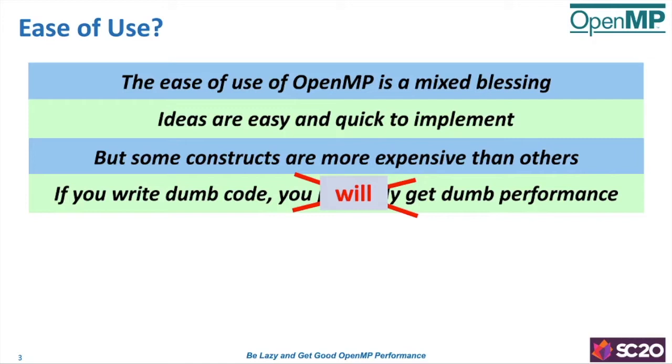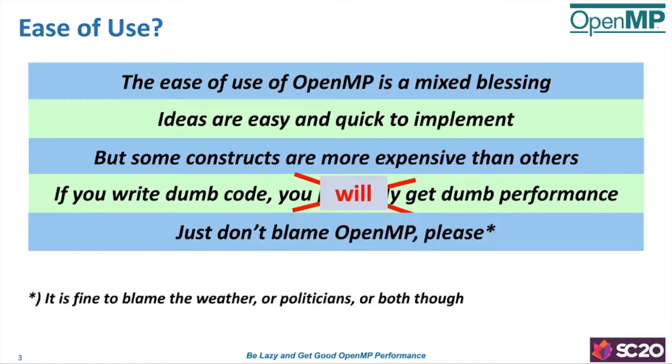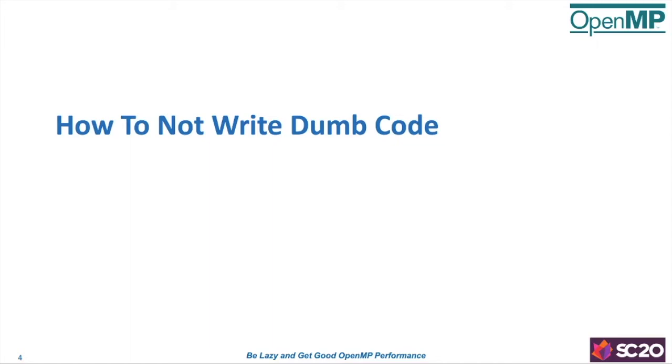Sometimes it's impossible. Sometimes the compiler technology isn't there yet to help you fixing things. So the responsibility is on your shoulders. In any case, don't blame OpenMP, please. In the next section, I'm going to give you tips and tricks how to avoid writing dumb code. And as you will see, this will get you very, very far in achieving efficient OpenMP.